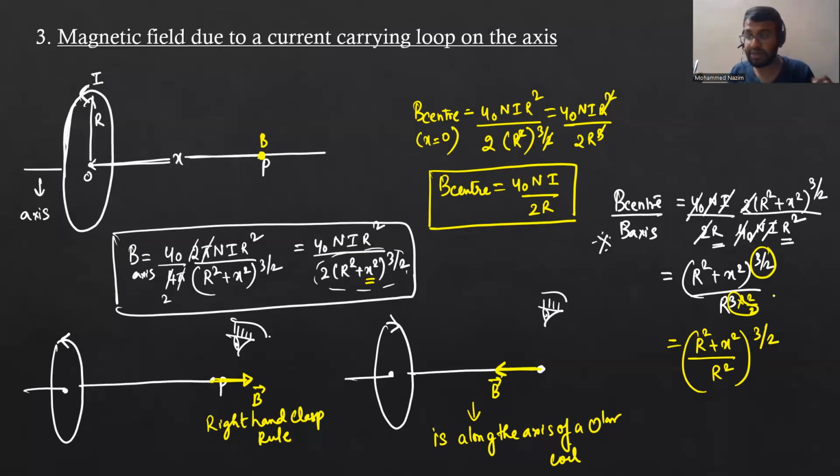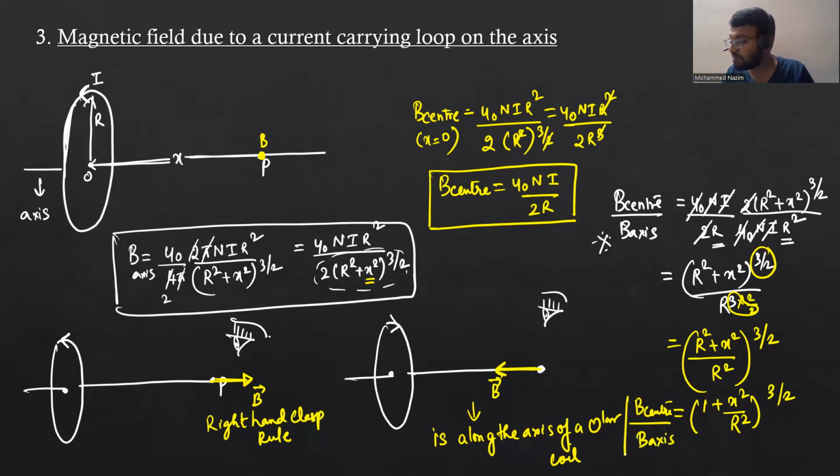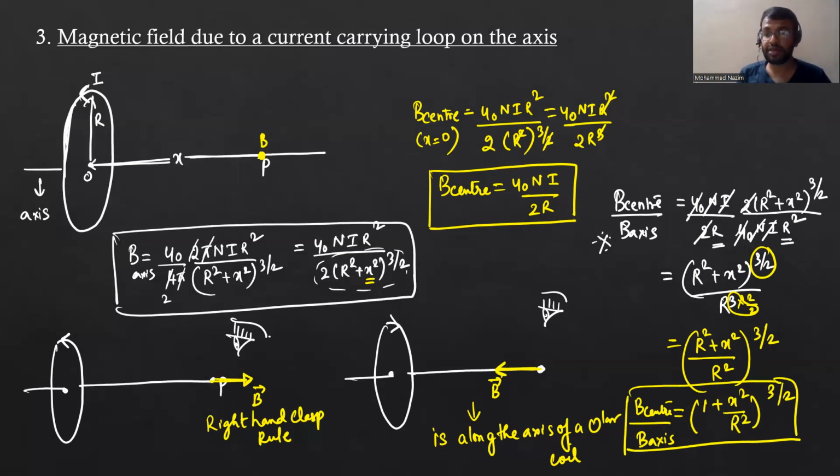I've taken common power 3 by 2 and left out is the square. R square by r square will become 1. So 1 plus x square divided by r square, the whole power 3 by 2. This is the ratio of B center by B axis, and it's one of the important ratios for the exam. This has to be remembered: B center by B axis is 1 plus x squared by r squared the whole power 3 by 2.